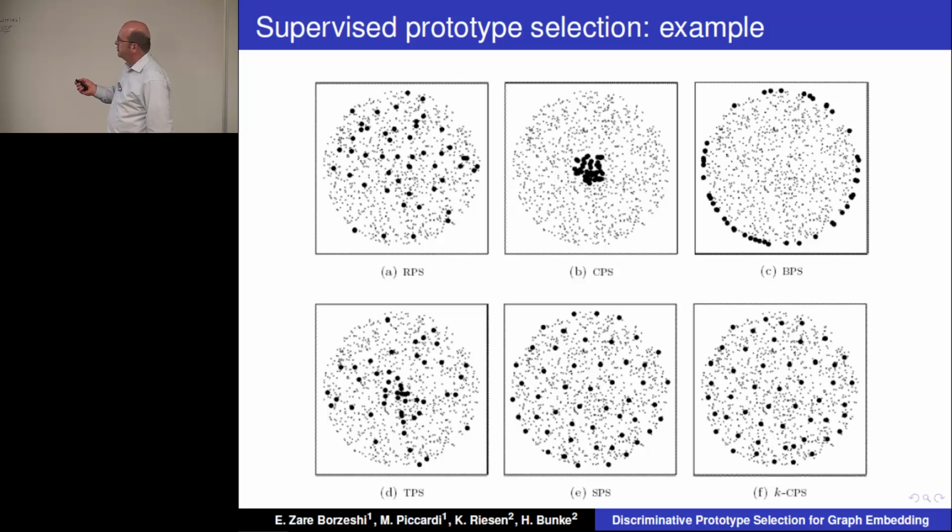The boundary selection or border selection, obviously at odds, chooses the prototypes from the borders of the training set. This is the target sphere. I'll explain a bit better later how it works, spanning prototype selection, and a form of k-medoid prototype selection. So you see that visually the differences in selecting the set are major, depending on which heuristics you choose to adopt. Each point in this is a graph, right?